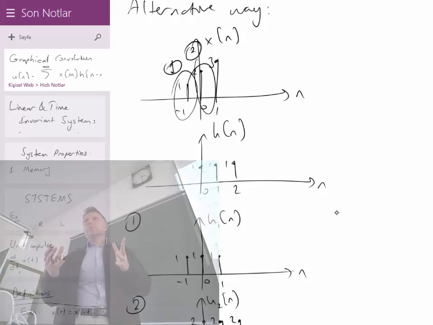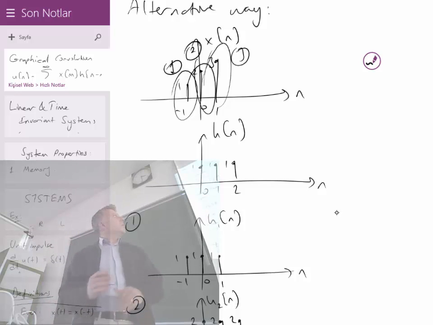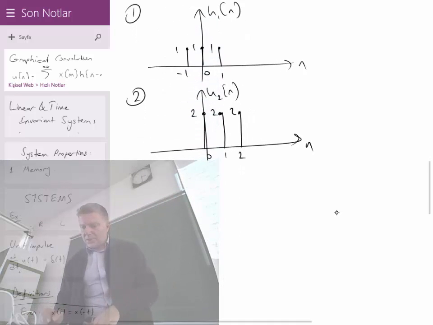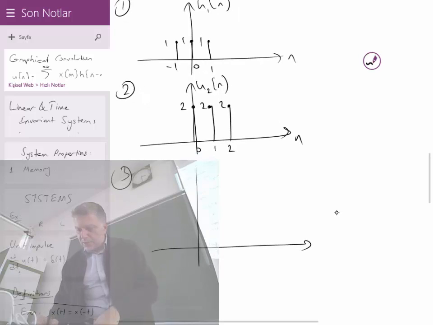And then there is one more impulse. It's this one. Let's call it the third impulse. Where is it? It is shifted towards right by 1, and it is scaled by 3. So we have to scale this h of n by 3 and shift it towards right by 1. And the shape will be, we can give a name to that shape if you wish.